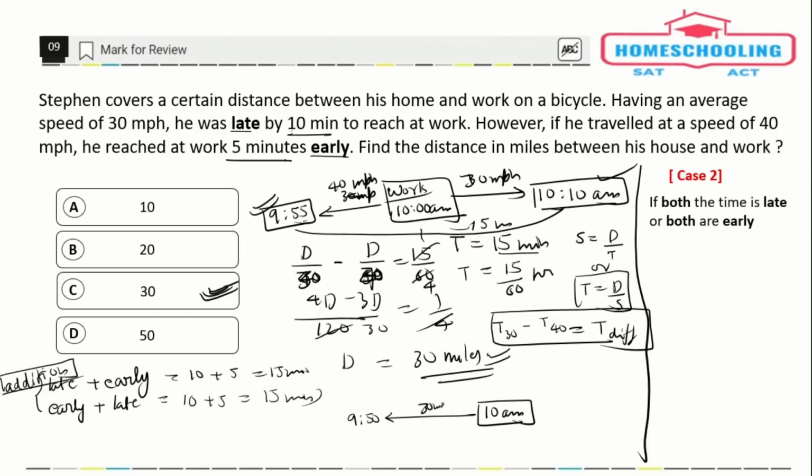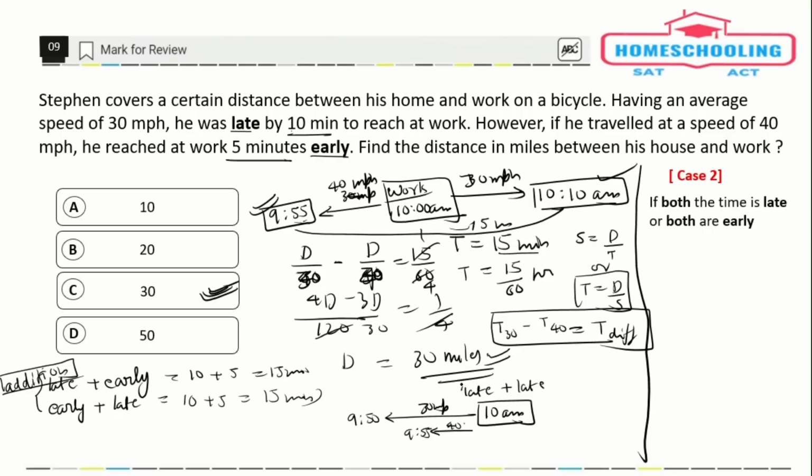For 30 miles per hour, because of 10 minutes. And if at 40 miles, instead of early, it was late, so late plus late. At 40 miles, it was late by 5 minutes, so it reached at 9:55.